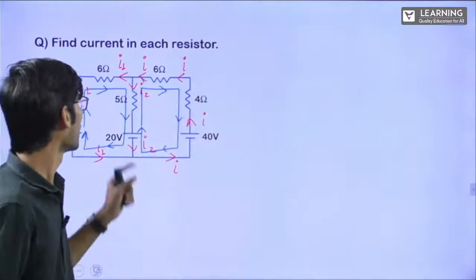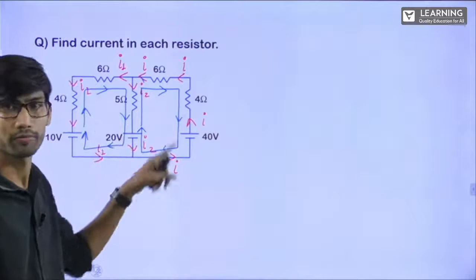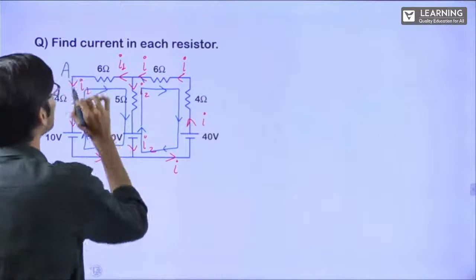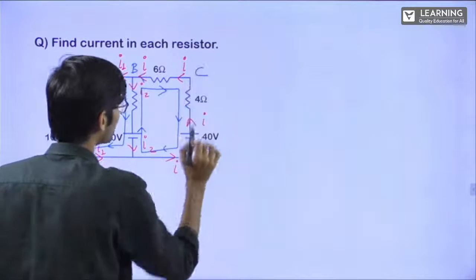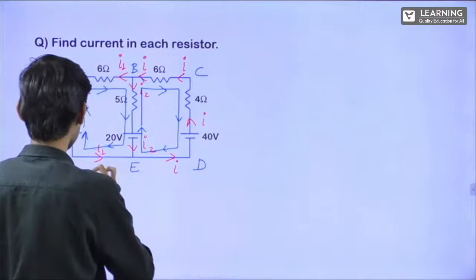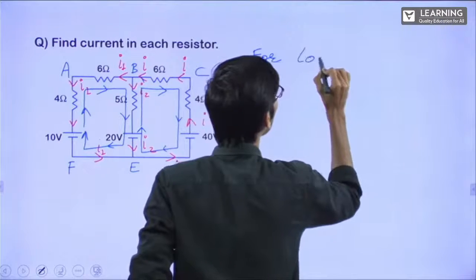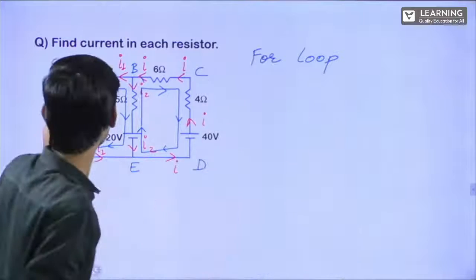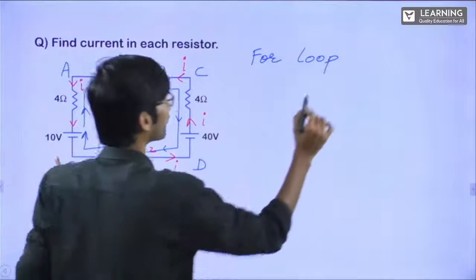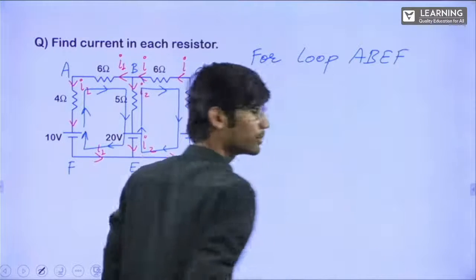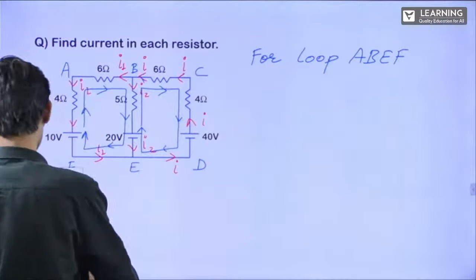Now, which loop are we solving? We have to write the path for that. For that, let's name this. Let's say this is A, this is B, this is C, this is D, this is E, this is F. For the loop A, B, E, F, or for path you can write. Usually people write path. Okay, let's solve this.